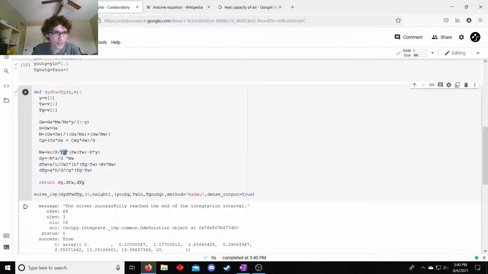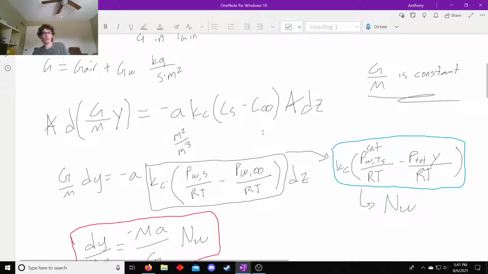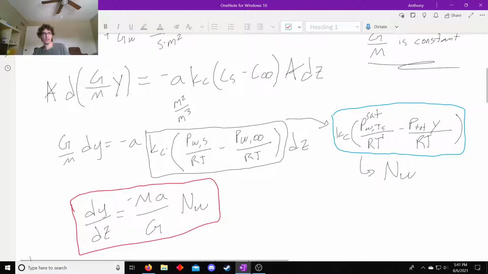So this would actually be the temperature. In our molar flux, which is right here, this temperature, this RT, I put that in as the temperature of the water, which is not correct.